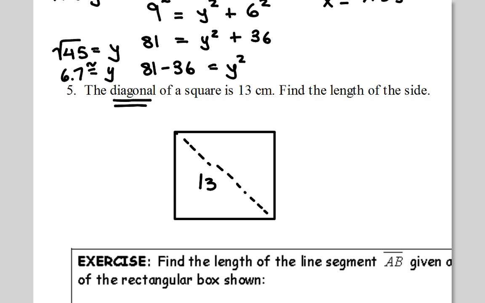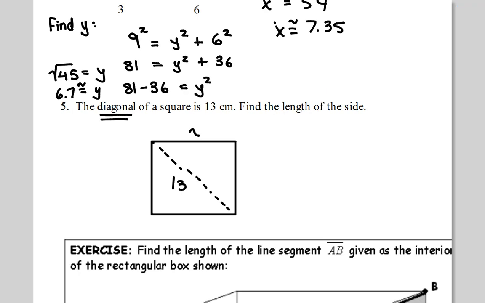And it says find the length of the side. Now this one gets interesting because if this side is x and it's a square, what's this side? Also x, because it's a square. Length and width for the square are the same.